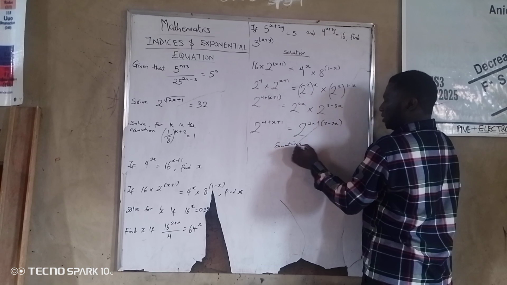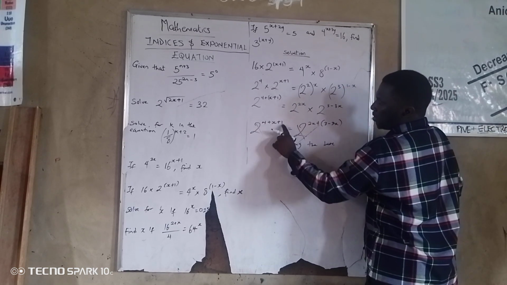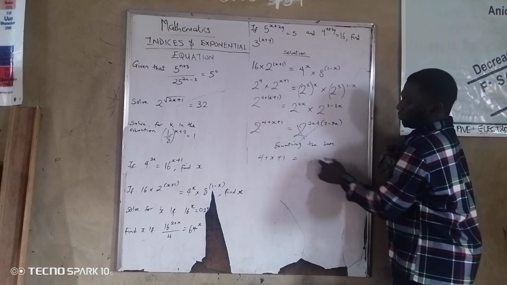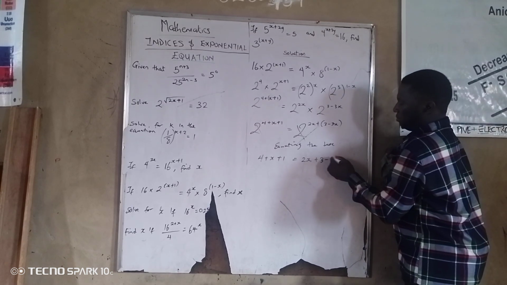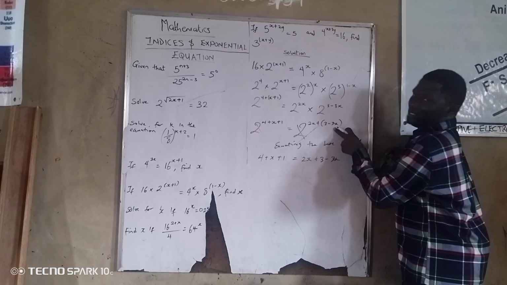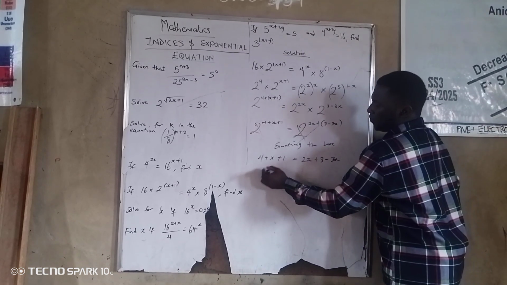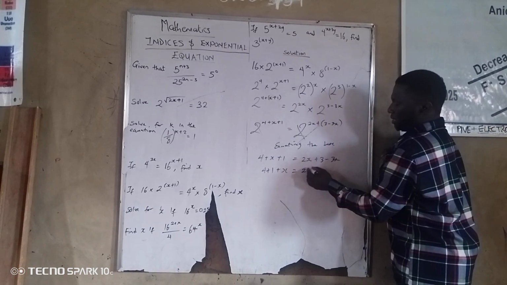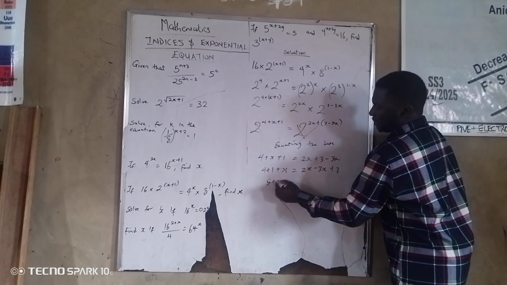Equating the base, we cancel 2, so we are left with 4 plus x plus 1 equals 2x plus 3 minus 3x. When you see this plus 1 times anything is just that thing, so that's why this is just this. Now 4 and 1 are like terms, 4 plus 1 plus x. 2x and minus 3x are like terms, 2x minus 3x then plus 3. So this is 5 plus x.